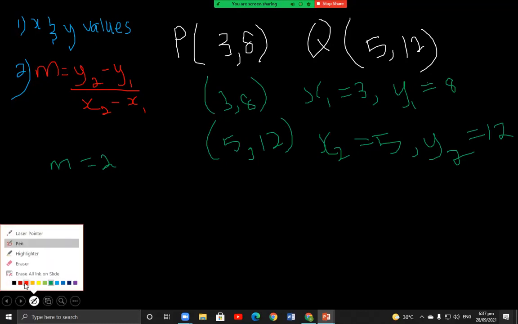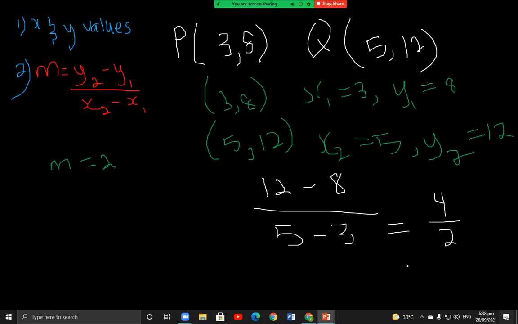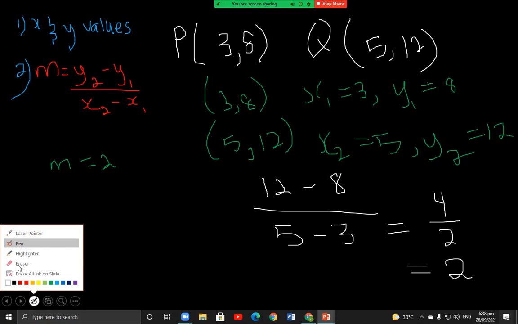We have the formula up there, y2 minus y1 over x2 minus x1. So y2 is 12 minus y1, 8, over x2 is 5 minus x1, 3. 12 minus 8 is 4, and 5 minus 3 is 2, and that's how we ended up with 2. Everybody understands this, right? It's not difficult.